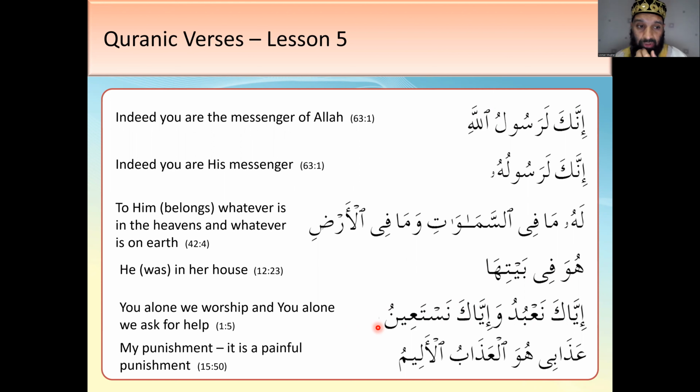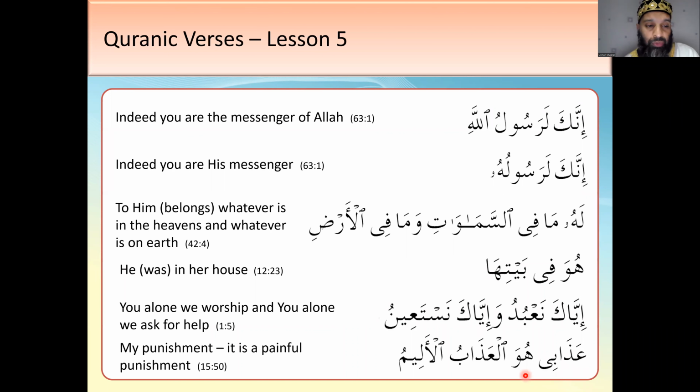Isti'ana means to seek help. Right? Okay, look at this one. Adhabi. Now look what's going on there. The ya is here. These are in Quran, right? What's adhabi mean? Yeah. My punishment. Adhabun. Now it's become adhabi. Adhabi means my punishment. Right? The ya, kitabi, my book. Baiti, my house. Masjidi, my masjid. Adhabi, my punishment.